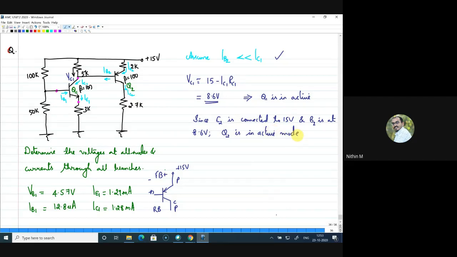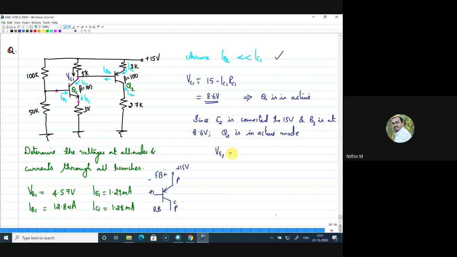So it is very safe to assume that. All right, E2 is connected to 15 and B2 is at 8.6, so Q2 is in active mode. That is very clear.